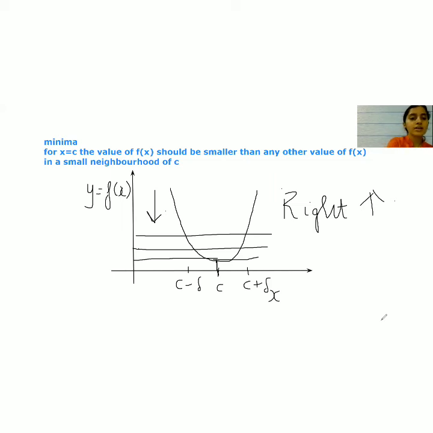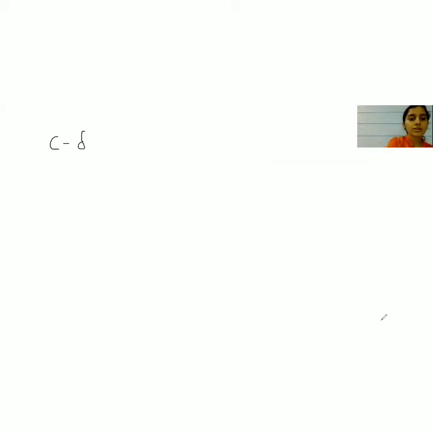We can say that for c minus delta less than x less than c, that means all the values of x which are lower than c up to c minus delta, it should act as a decreasing function. It should come down, right?